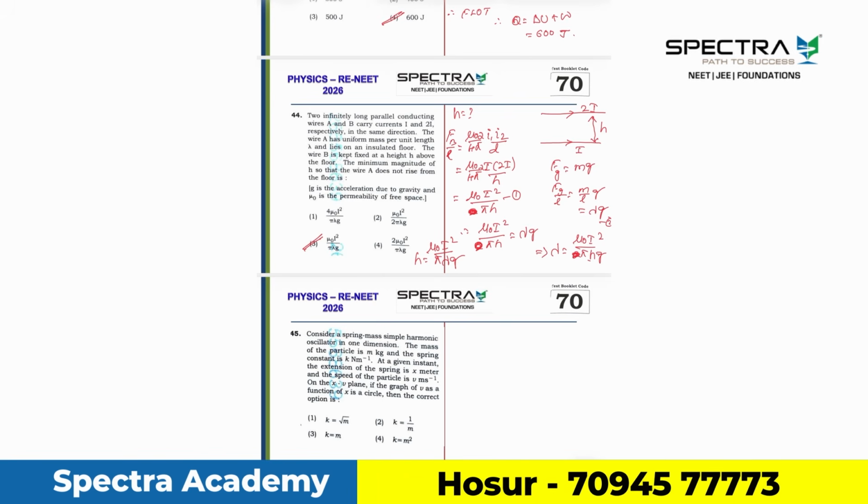On the xv plane, if the graph of v as a function of x is a circle, then the correct option is, that means we have to find the relation between k and m. What is given here, observe this. On the xv plane, the graph of v versus x is a circle.